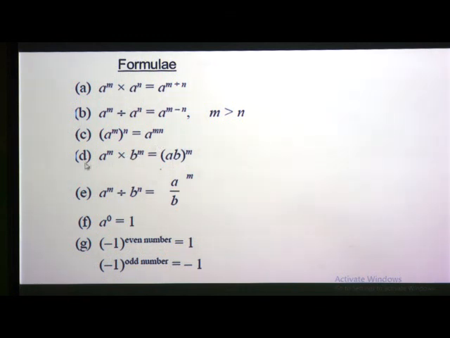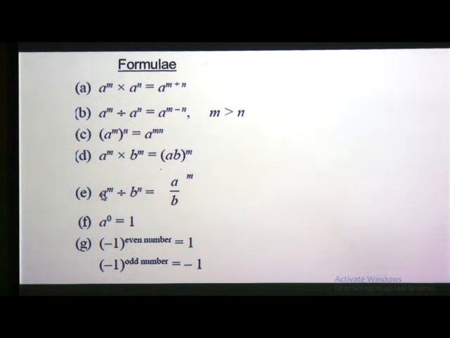You might be thinking the bases are different, a and b are different, but the exponents are the same, that is m and m. So, we can write the common exponent, a into b to the power m. We already saw this in the example also.